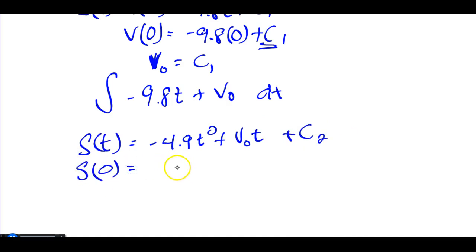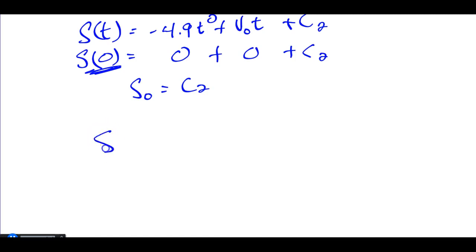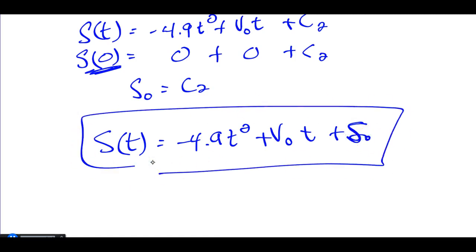Remember, at initial height 0, this goes to 0, leaving c sub 2. So this s sub 0, the initial height, is my second constant. My final position function would be negative 4.9t squared plus v sub 0 t plus s sub 0. Perhaps you've seen this formula before.